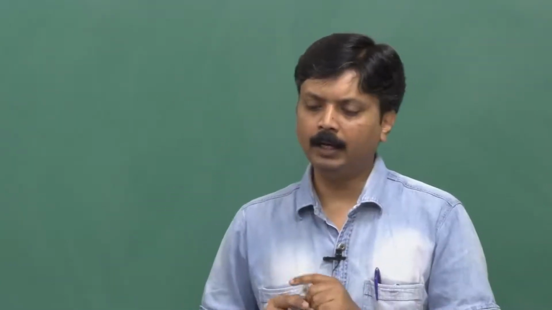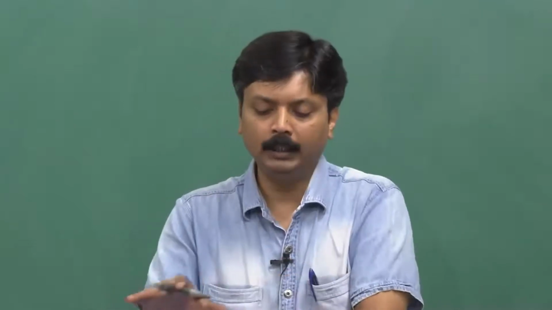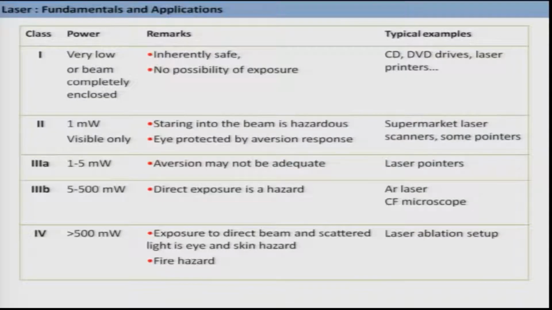Here again we show in this table the different areas where different classes of laser are used. Class 1 lasers, which are of low intensity, are safe, as we said, and are typically used in CD writers, DVD writers, laser printers, etc. Class 2 is moderately low, in the order of a milliwatt power and only in the visible color.